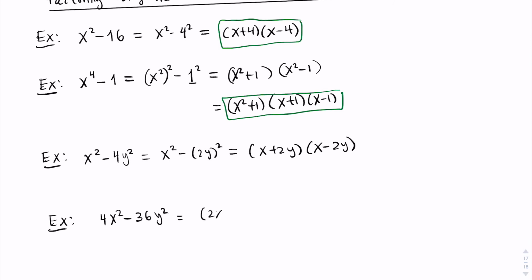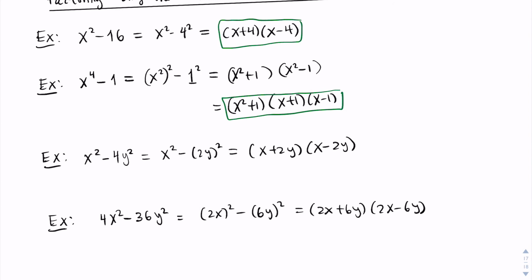You can write it as (2x) squared minus (6y) squared, so this will become 2x plus 6y times 2x minus 6y. Is that correct? And the answer is no. That's not correct.